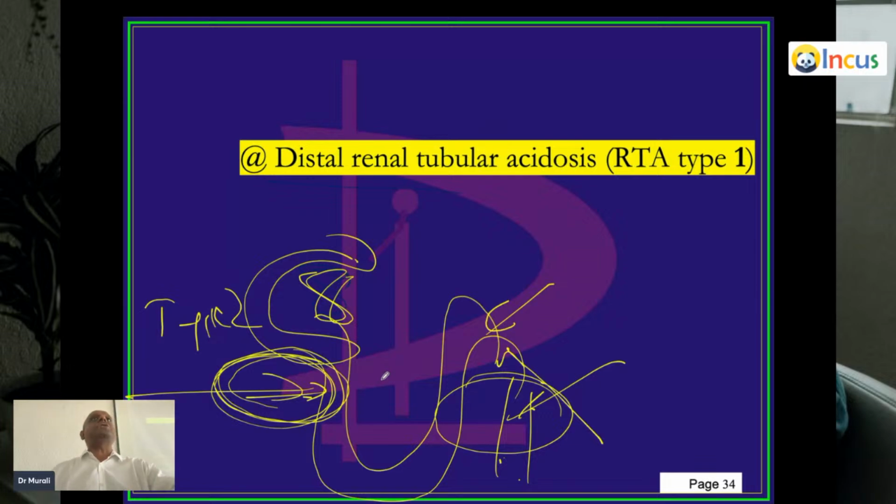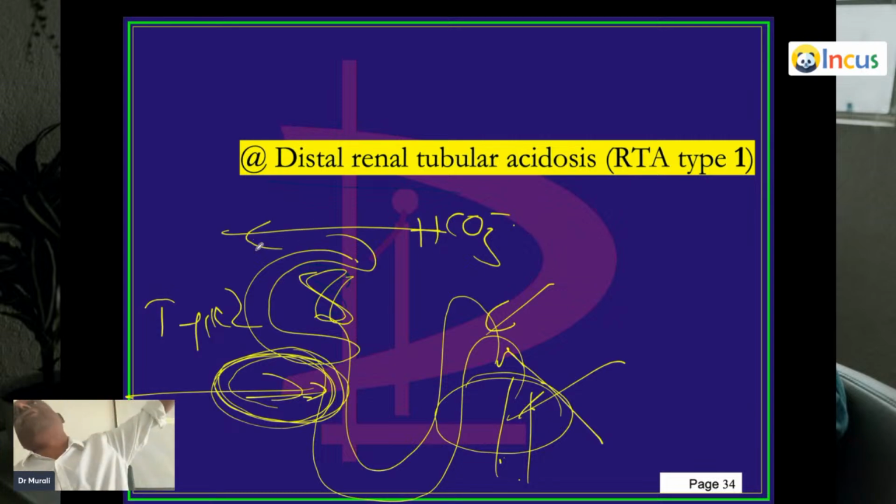In this process of cleaning the acid from the body, how will the proximal convoluted tubule contribute? It will cause the reabsorption of bicarbonate into the body, which will go and buffer the acid. If the proximal convoluted tubule is not working, bicarbonate reabsorption doesn't occur, bicarbonate is lost into urine, hence there is no bicarbonate available to buffer the acid in the plasma, and that leads to acidosis.